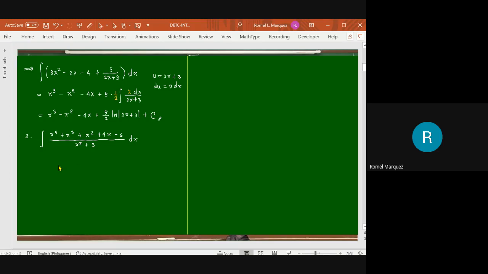Now, but this time, we apply what long division? Yung talagang long division. No? So let's start. So outside is x squared plus 3. Inside is what? Our dividend, x to the 4 plus x cubed plus x squared plus 4x minus 6.